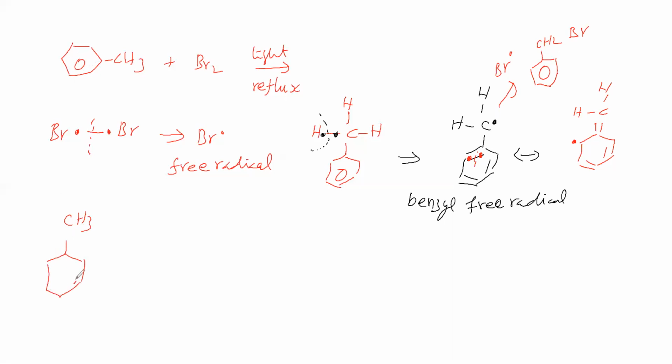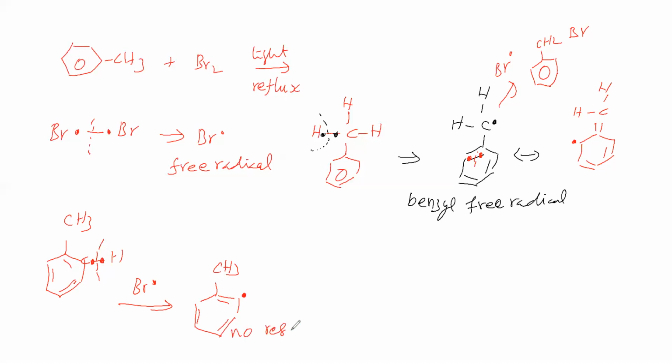Phenylic hydrogen. Here we will give pi bonds, here carbon with the hydrogen. Here this bond is having 2 electrons, Br dot is attacking this. So this bond is breaking. So what we are getting is CH3. Here we will give pi bonds. Here dot we will give. It is not going for resonance.